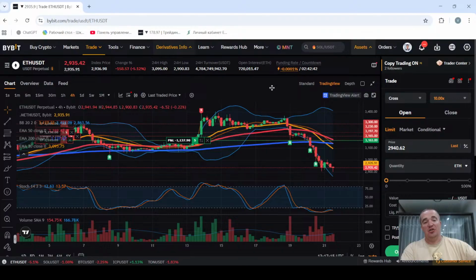Then if price goes down again, I will be able to adjust again, open new orders and move the price lower, and then finally leave the trade with zero profit or minimal profit, but keep the deposit safe. So the key point is, let's keep the deposit safe.